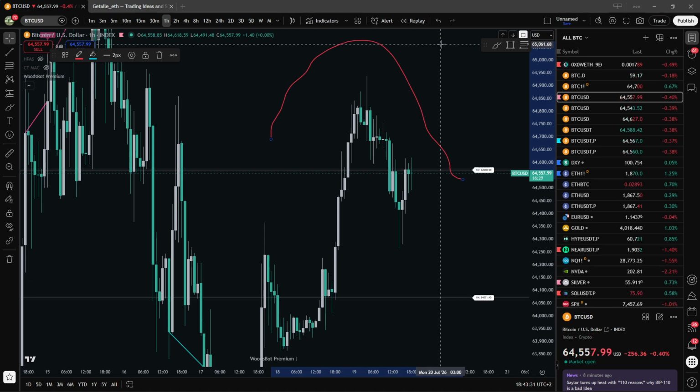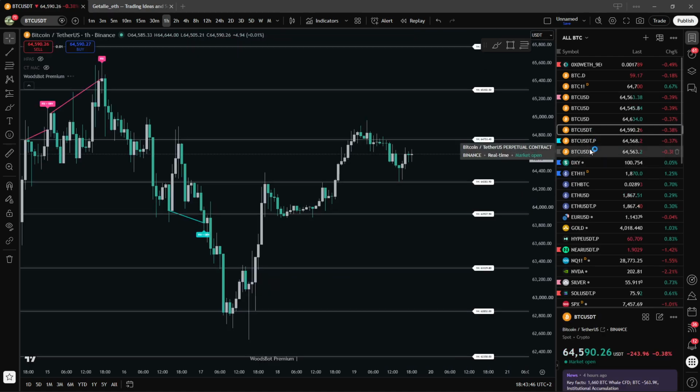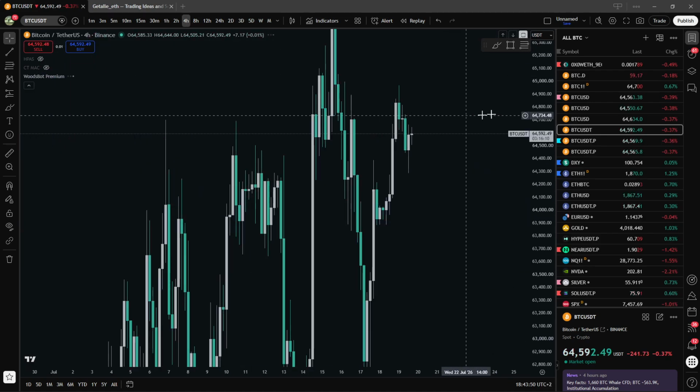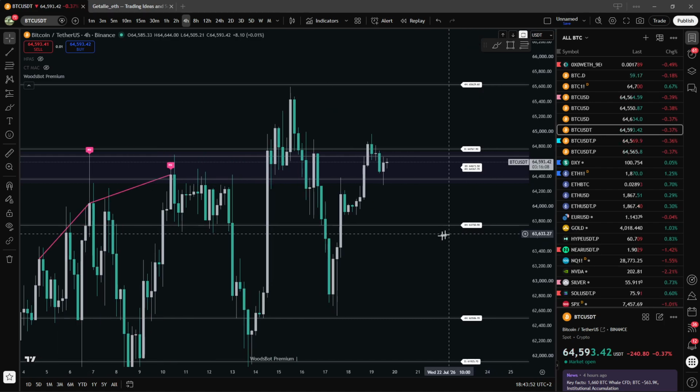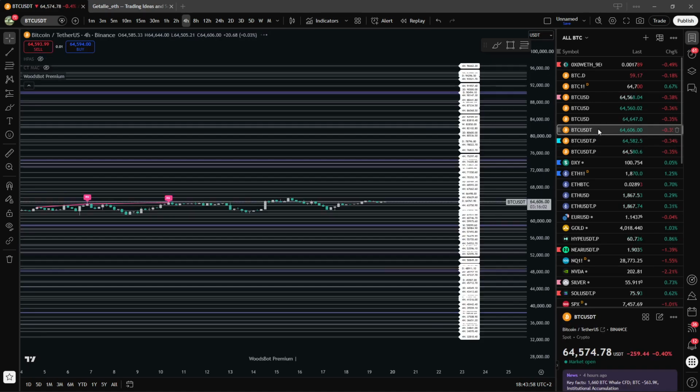Bitcoin USDT on Binance chart has this confluence a bit lower, actually. Oh, this is Bybit. Do I have Binance? Yeah. Why is it so different?